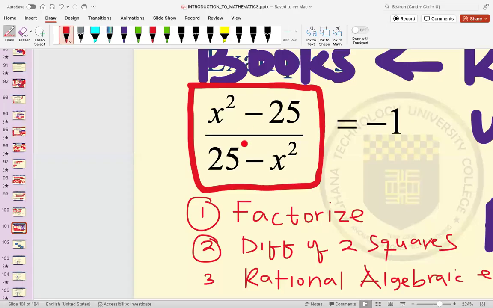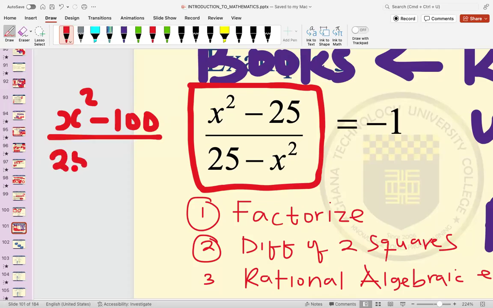And maybe mistakenly, instead of typing x squared minus 25, the person typed 100 divided by 25 minus x squared. Meanwhile, my answers are arranged for this: A is equal to -1.